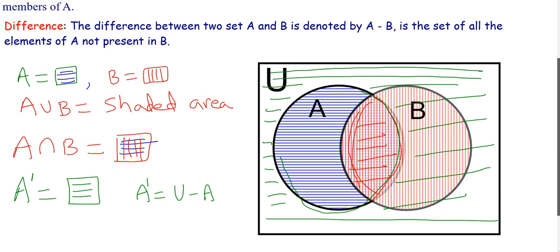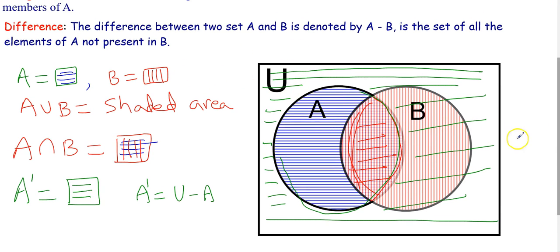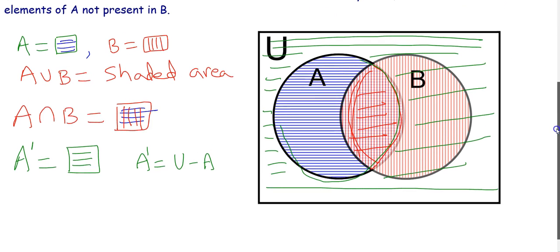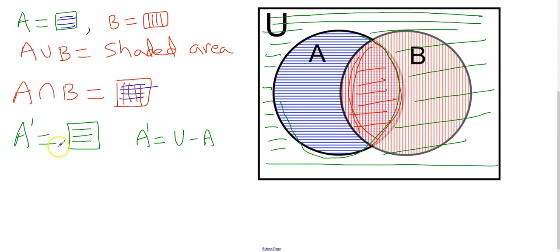Now, the last thing is the difference between two sets A and B, denoted by A minus B, which is the set of all the elements of A that are not present in B. Only those elements of A which are not present in B make up the difference A minus B. That is, I have here A minus B equal to only horizontal lines.